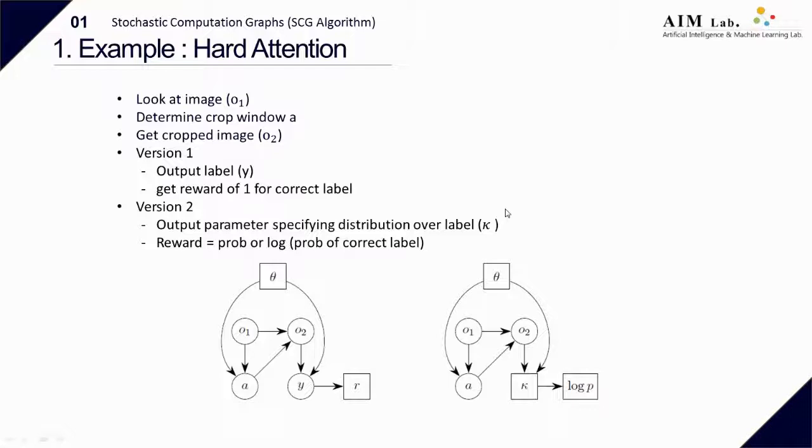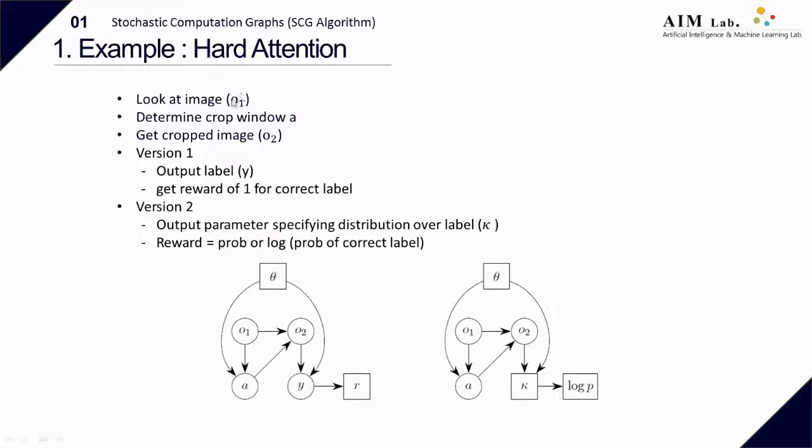One example is hard attention. This is a simplified model of hard attention with some main points. It is non-trivial to calculate the gradients of the loss function that we want. First, we look at the input image.